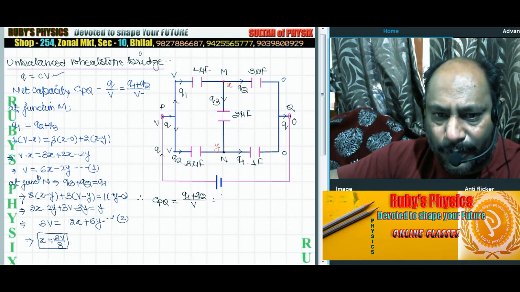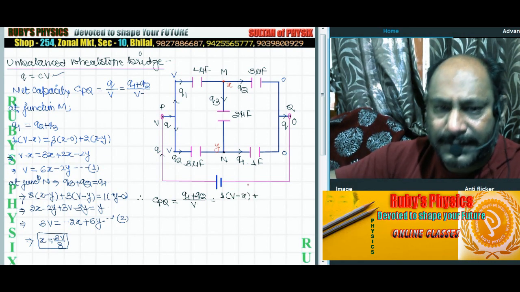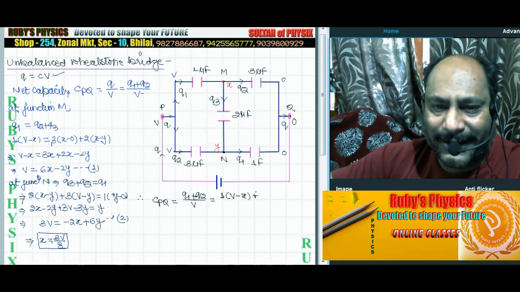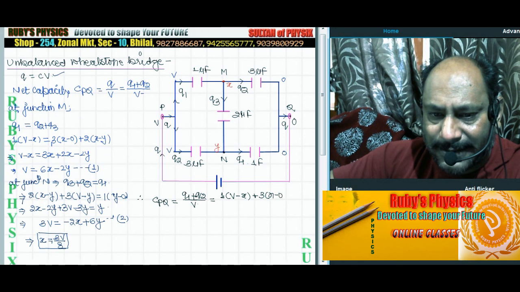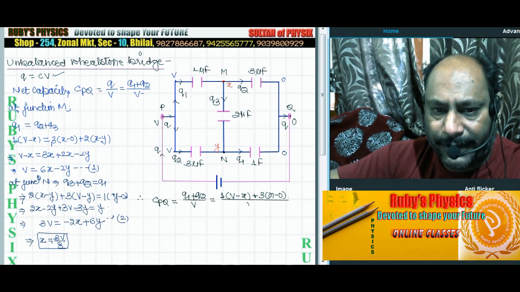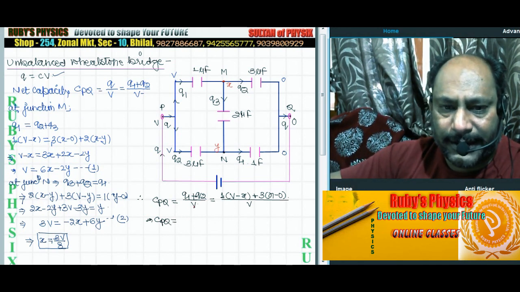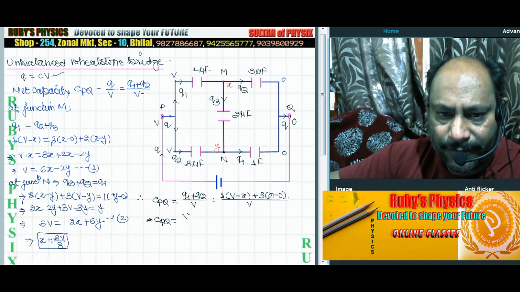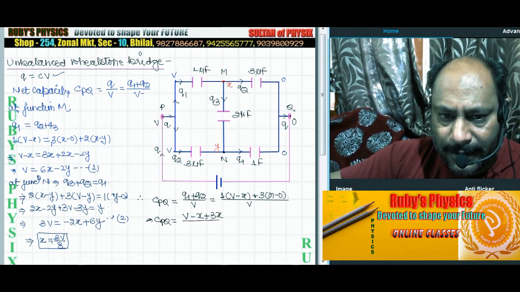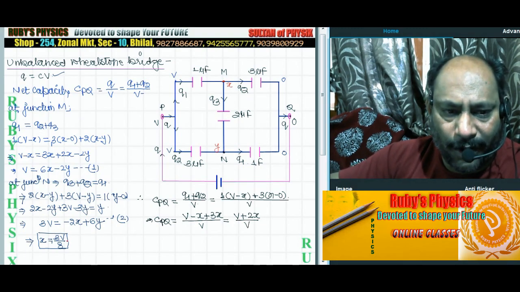So Q1 equals 1 into V minus x, and plus again write Q2 in terms of x, and it is 3 into x minus 0, and it is completely divided by V. So the value of C_PQ comes out to be V minus x plus 3x upon V. So it is V plus 2x upon V, and now simply put the value of x here.